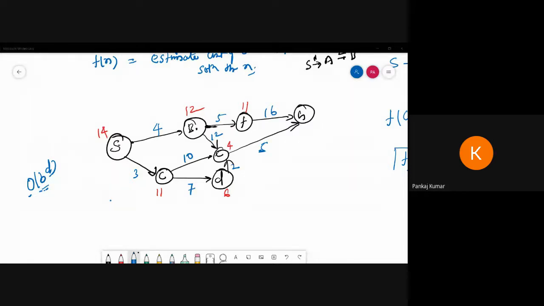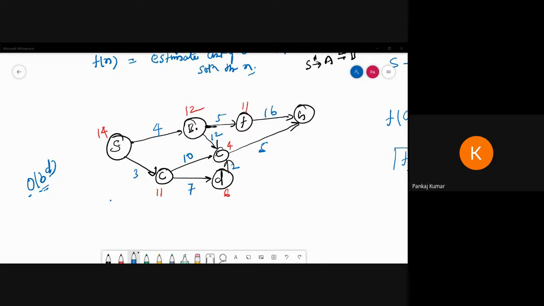In A star we can use the concept of best first search, like an open and closed list. We already know the closed list is the nodes we have explored, and the open list is those we cannot yet explore. So my point is, can you calculate the function cost of S, B, C, F, E, D, and G?